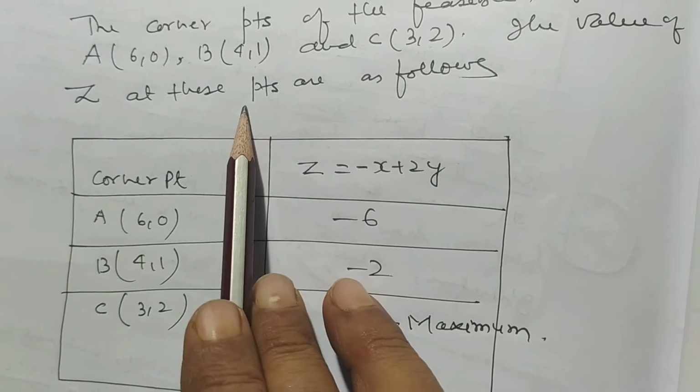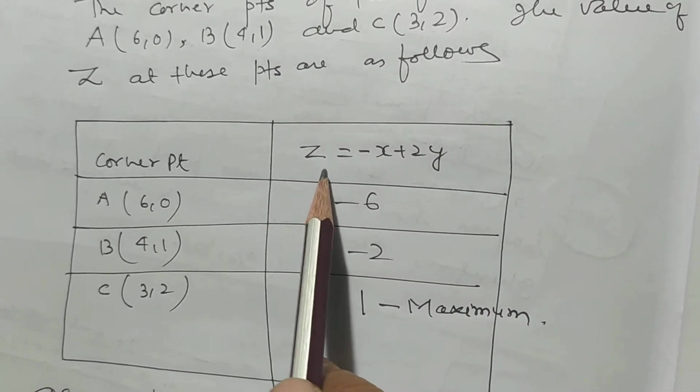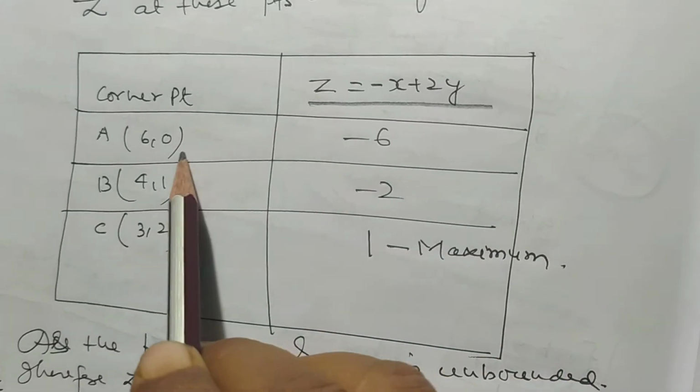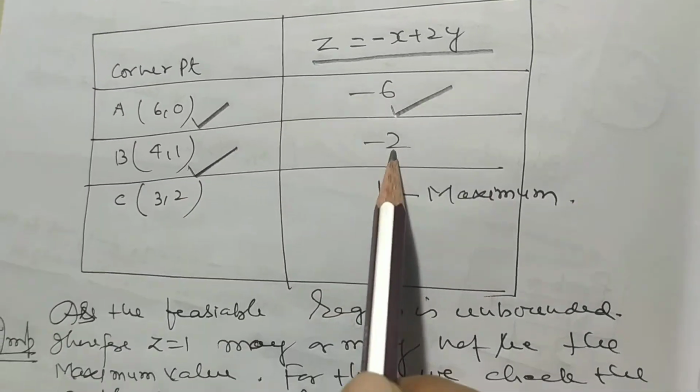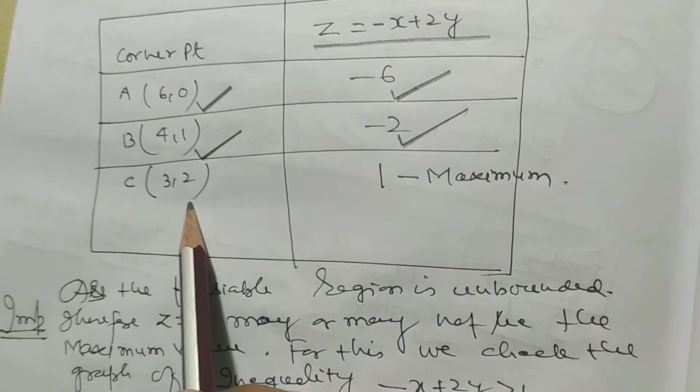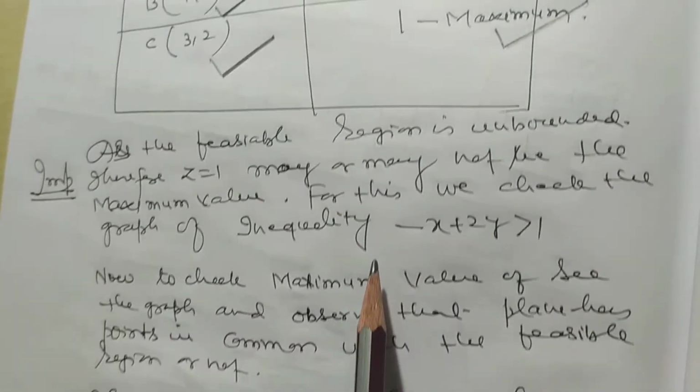The value of z at these points are as follows. Corner point and objective function: A 6, 0, minus 6; B 4, 1, minus 2; C 3, 2, 1. So the maximum value is 1.